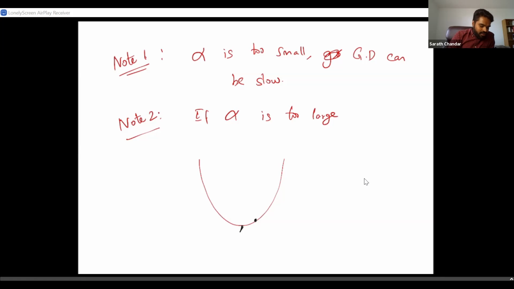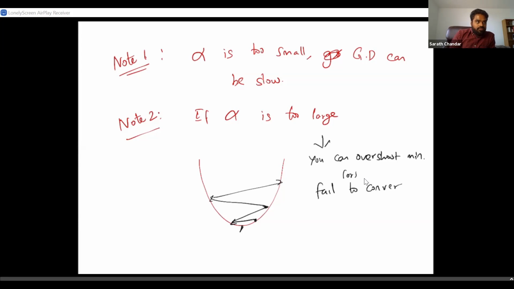In that case, there's a chance that I could overshoot this minima. And even worse, with a big learning rate, you could even diverge and basically blow up your parameters. So basically, if alpha is too large, you can overshoot the minimum, or you may even fail to converge and even diverge.